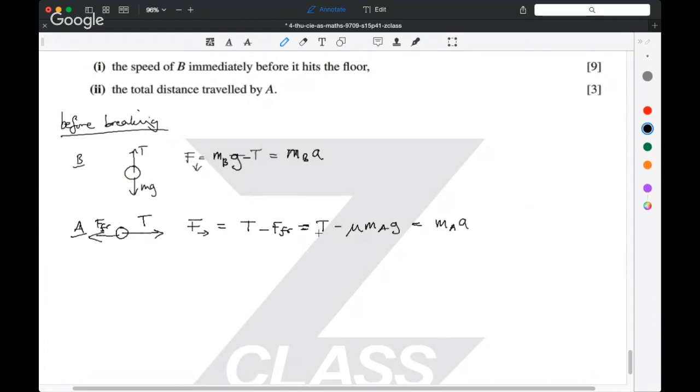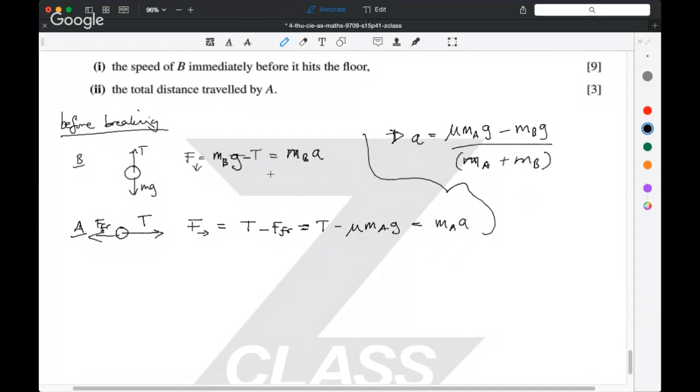It's really stiff, so the tension is always going to be the same everywhere, and the system must therefore be accelerating at the same rate. So if we take these two and add them together, we get that the acceleration is mu mA g minus mB g, all over mA plus mB.